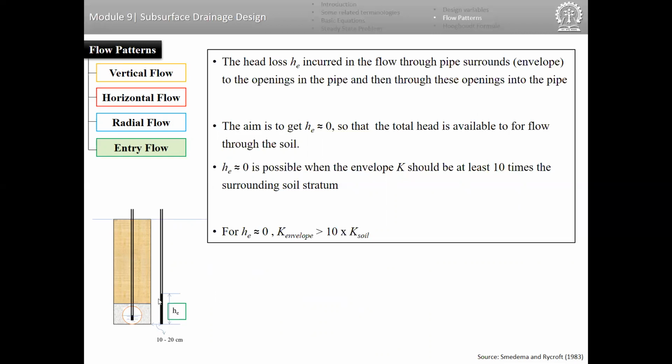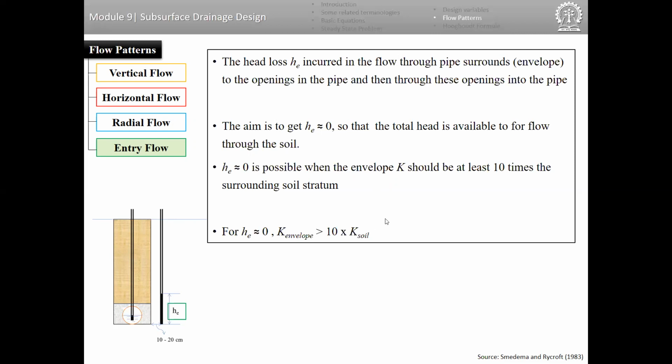So this entry loss is the head loss that occurs in the region when the flow is entering into the drain. It arises because of whatever material surrounds this pipe. Our aim is to get HE close to 0, so that the total head is available to flow from the soil.